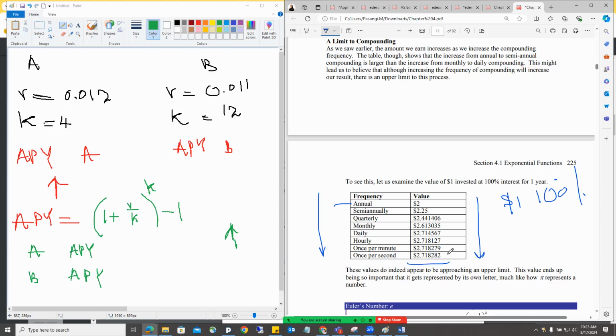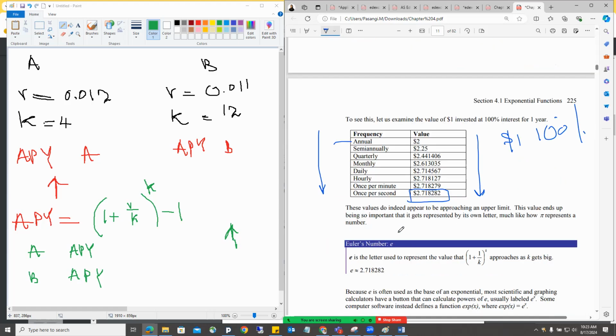For this amount we give a special symbol, that is E. E is closest to 2.718282. That's how we map this value E.